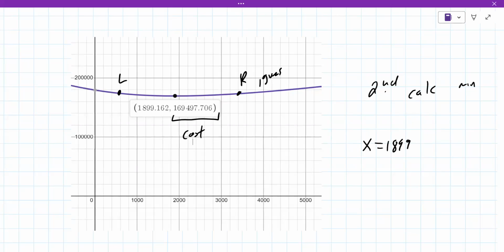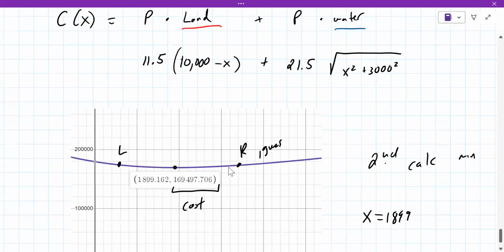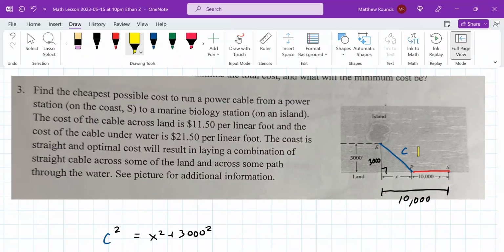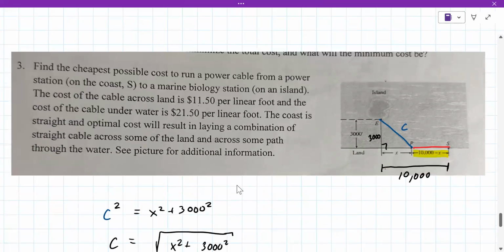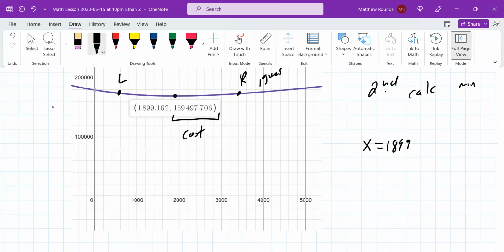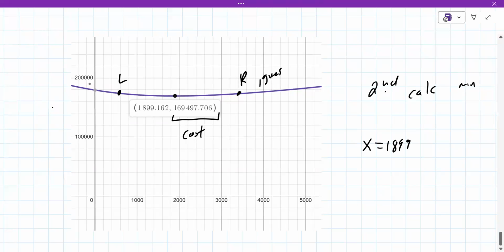Do you have any tips for finding the window? I think that's the hardest part for me. The 10,000 to X is the indicator of your X, so that's how I got this dialed in. There's also a trick: go to Zoom Fit.